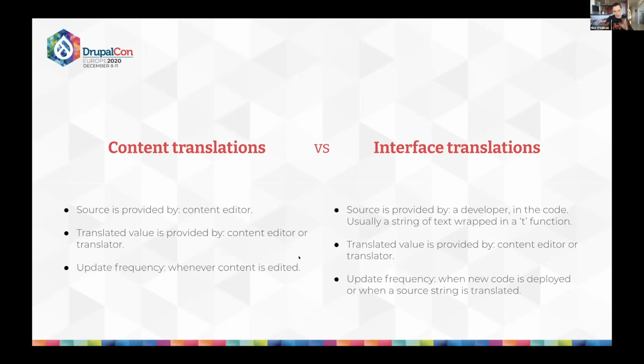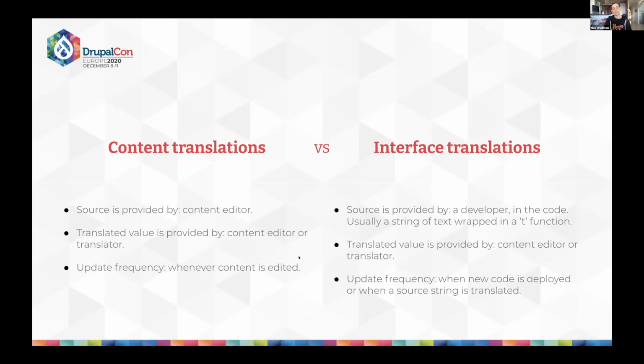As I just mentioned, interface and content, I thought it'd be good to go over the difference between those. If you've worked on a multilingual Drupal site before, they should be fairly familiar terms. Content translations are everything managed by a content editor or whoever's editing in Drupal and other CMSs.